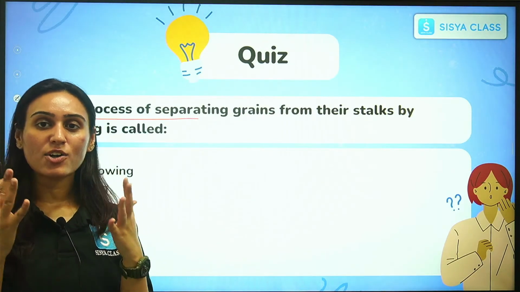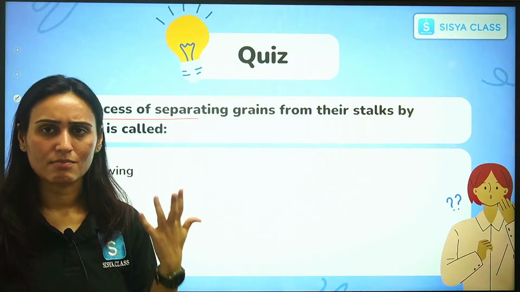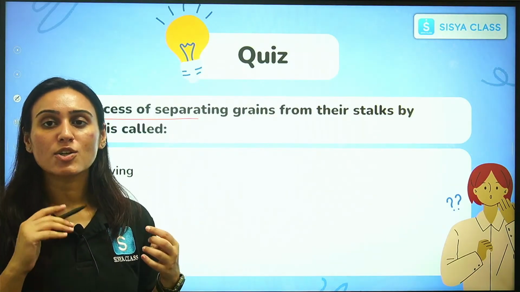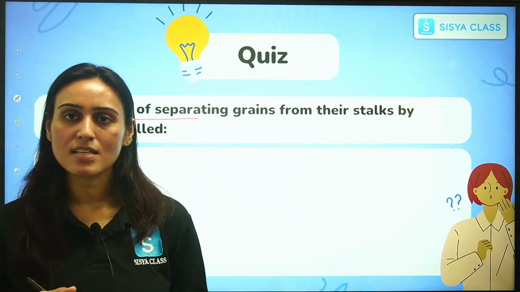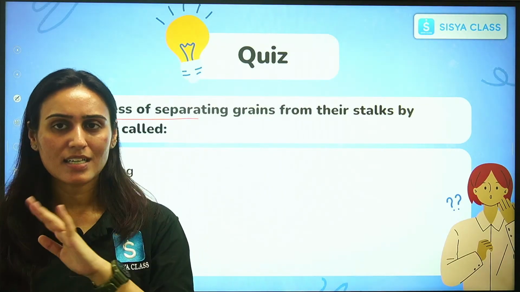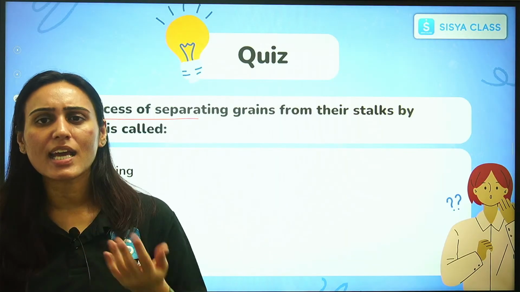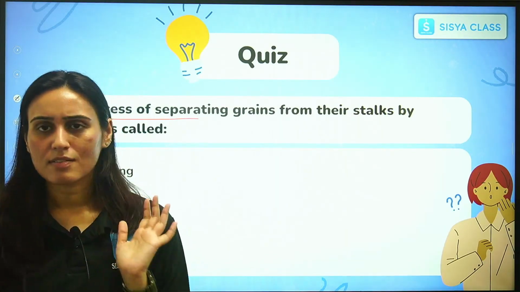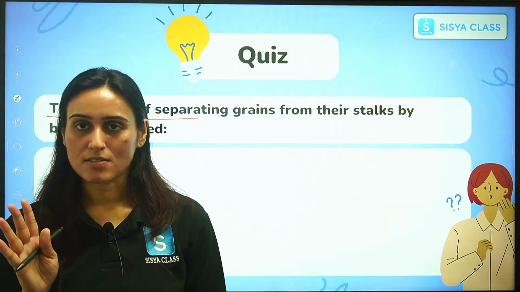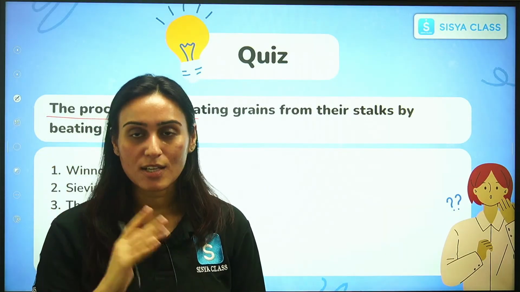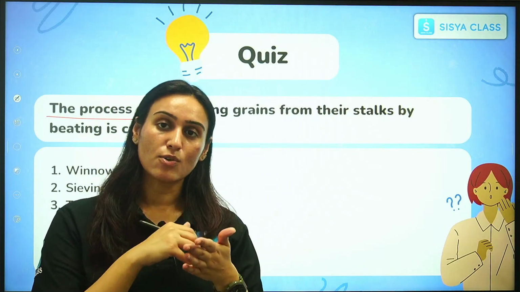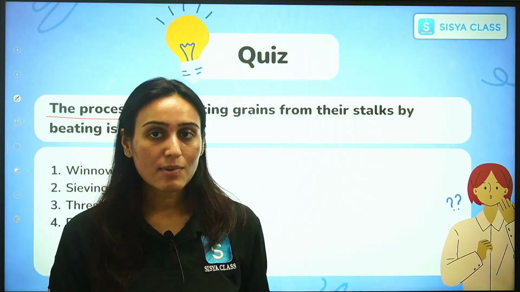So this is how you have to learn. Whenever you read something, you have learned something from your chapter, some theory you have learned, right? You want to revise it. One thing is, you will read the theory once again. Another method that you can employ, once you have read it from your book, okay, you have read it very quickly, in a hurry, fine, you have revised it in 10 minutes, awesome. Now solve some questions based on it. Because in order to solve those questions, you have to memorize the information. But if you have learned it in a hurry, you have just gone through it once, you will not be able to answer those questions.